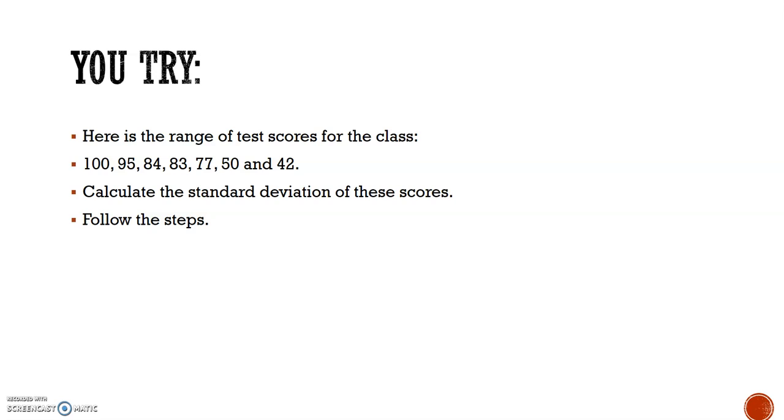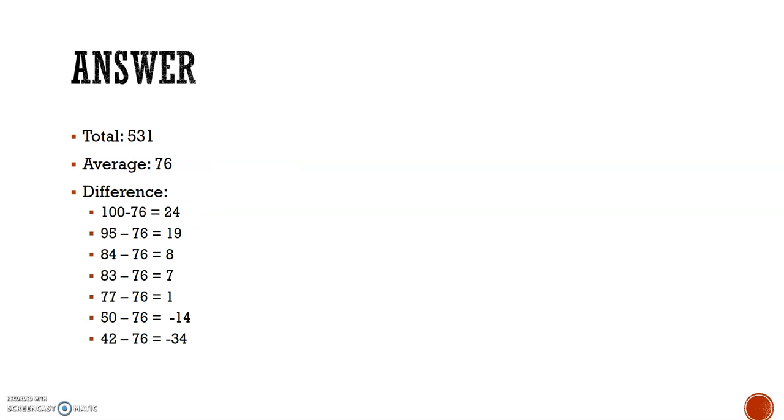So here's a range of test scores for the class. Hopefully you will not get the 50 and 42. If you're raising your hand or thinking to yourself, that's going to be me, we need to talk. So calculate the standard deviation of these scores. Let's follow the steps. Your total, that's your average, that's your difference, right?